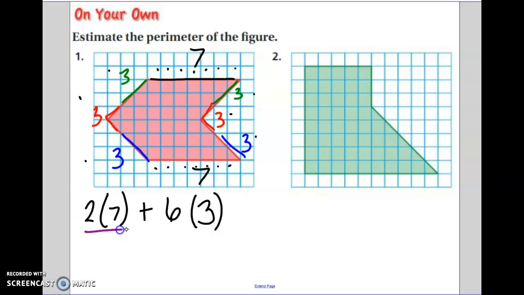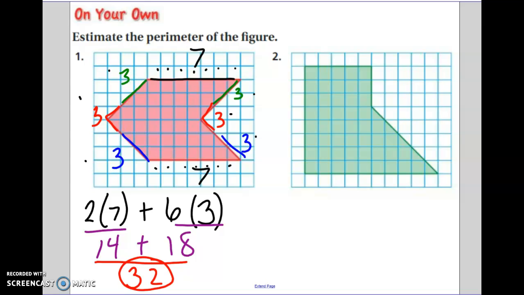I can say 2 7s is 14, 3 6s is 18, and let's do 14 plus 18 to get our final answer. We're going to go 14 plus 18. Let's see, 4 and 8 is 12, 10 and 10 is 20, so 12 and 20, so 32 again. That's crazy. So hopefully you guys did okay on that.